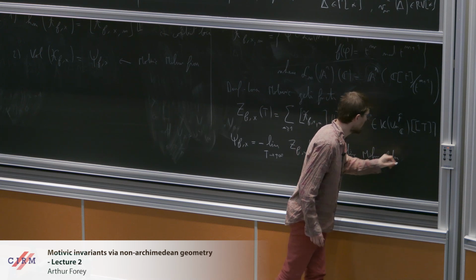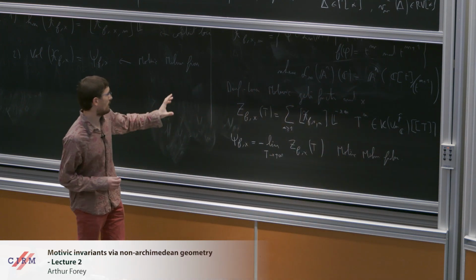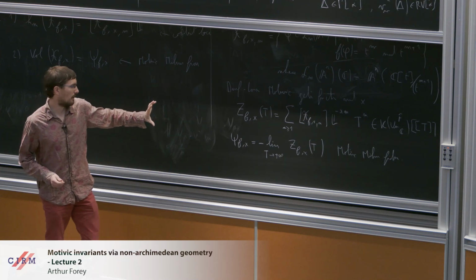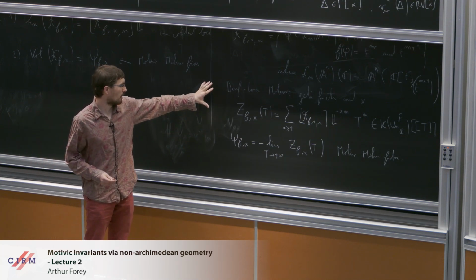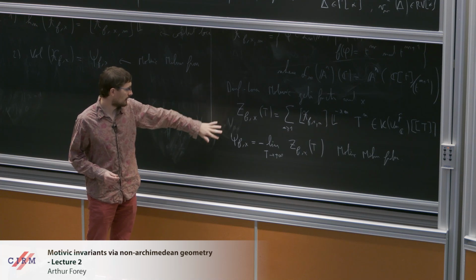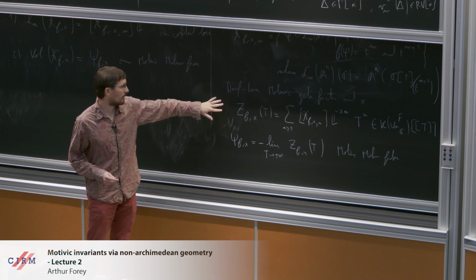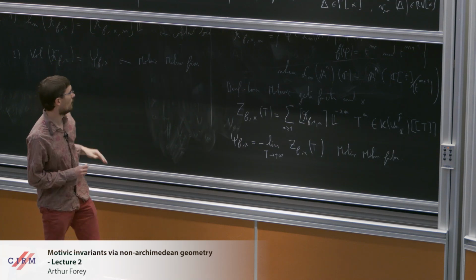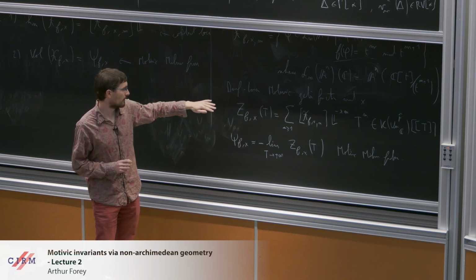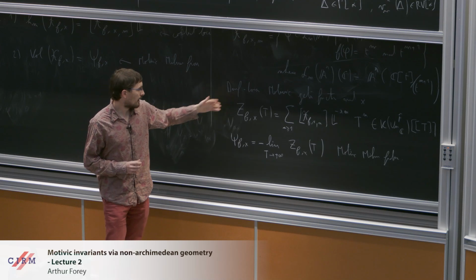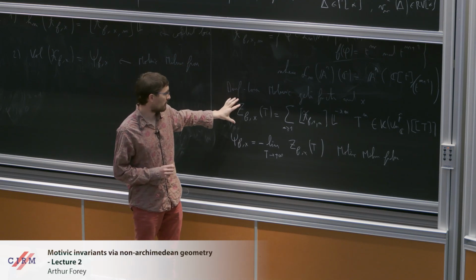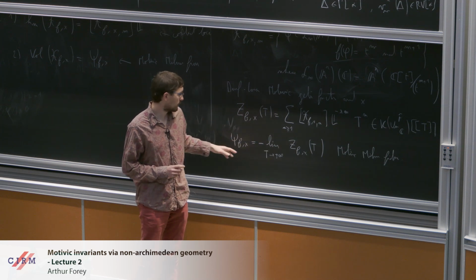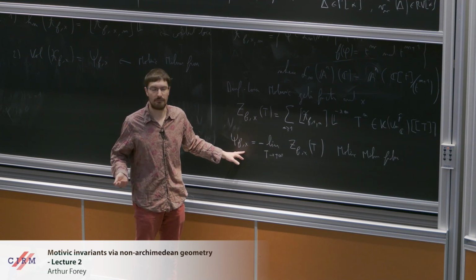At the time of the paper by Denef and Loeser, the proof of the rationality was done working with a log resolution, an embedded resolution of singularities of f equals 0. On a resolution, you have an explicit formula for this thing, and then you can formally take the limit, so you get an explicit formula for the Motivic Milnor fiber.